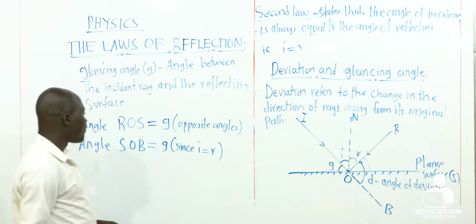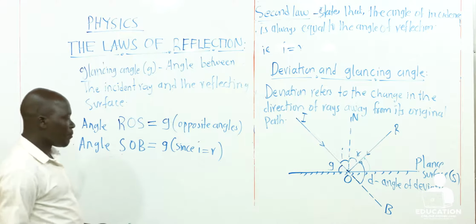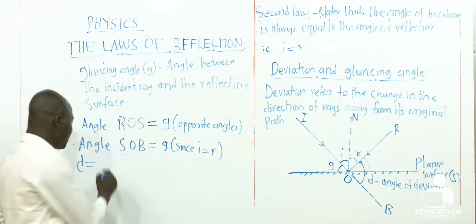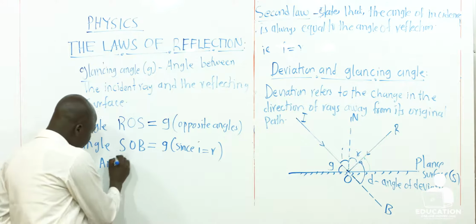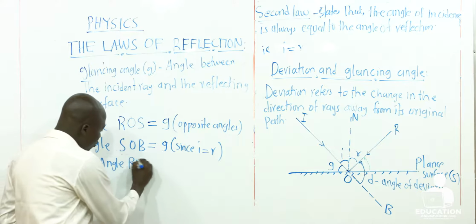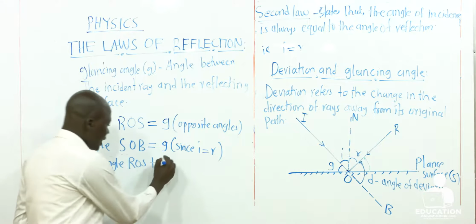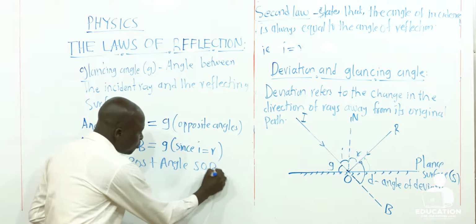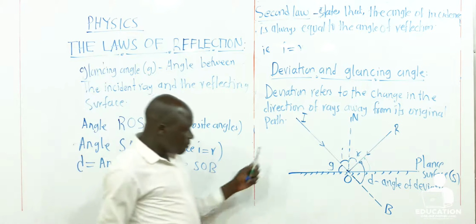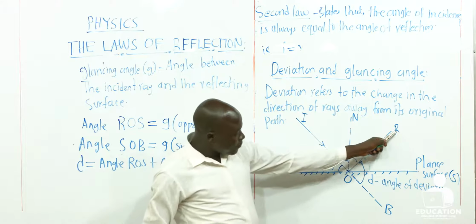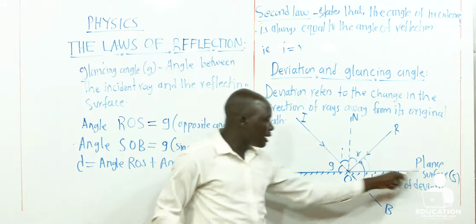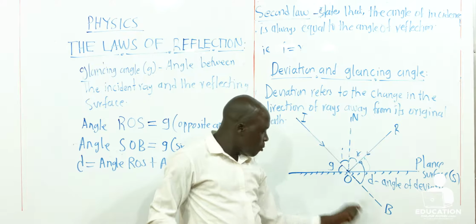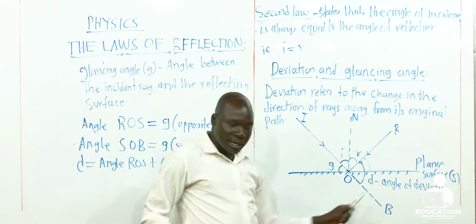Now, after noting this, we're going to have deviation D is always equal to the angle ROS plus the angle SOB. That is, deviation is equal to the angle ROS, which is this angle, plus the angle SOB, which is this angle.